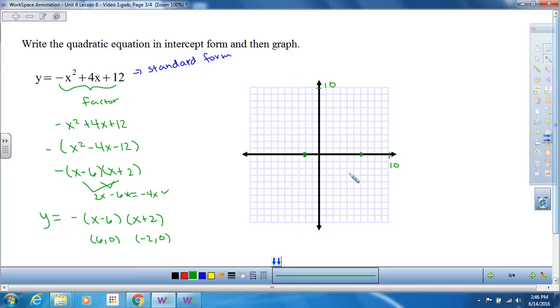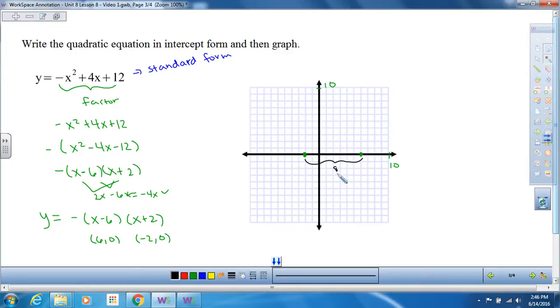Okay, well, we need to find our vertex. So our vertex, remember, goes through the axis of symmetry, which has got to be halfway between these points. So 1, 2, 3, 4, 5, 6, 7, 8. They're 8 units apart.